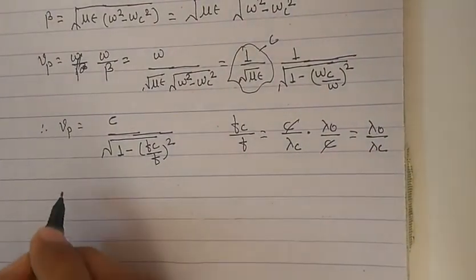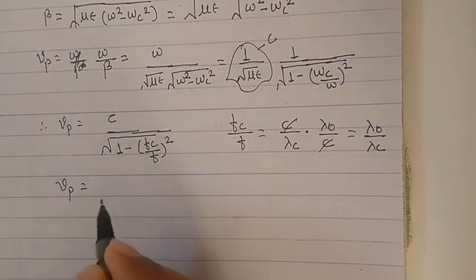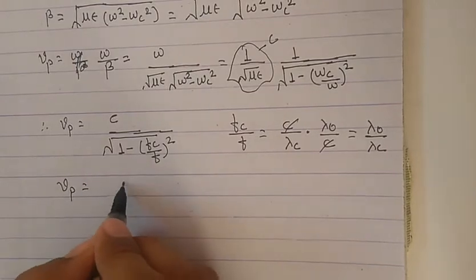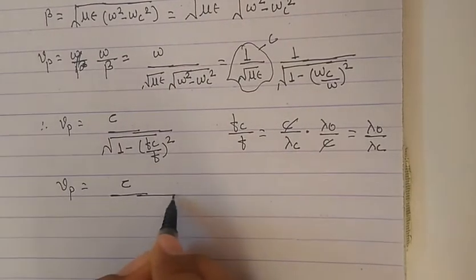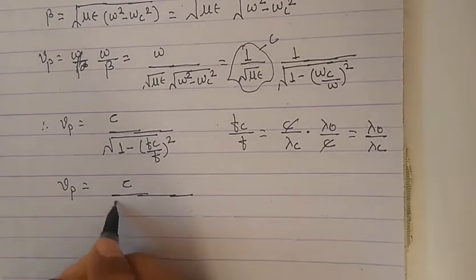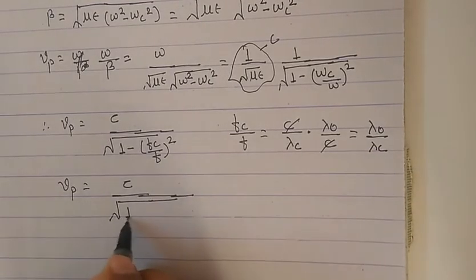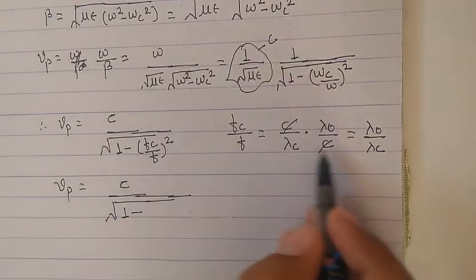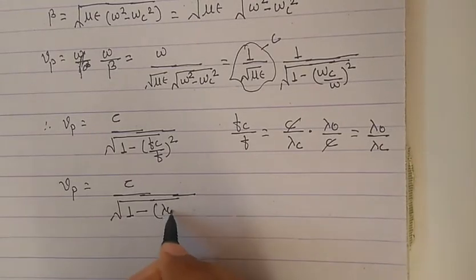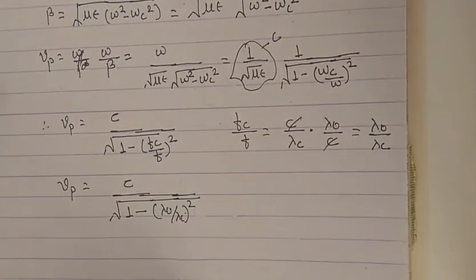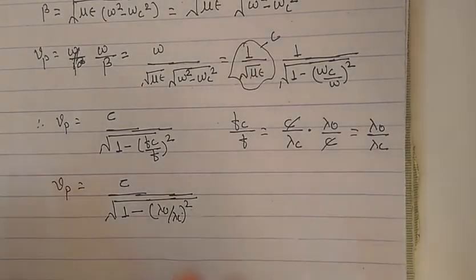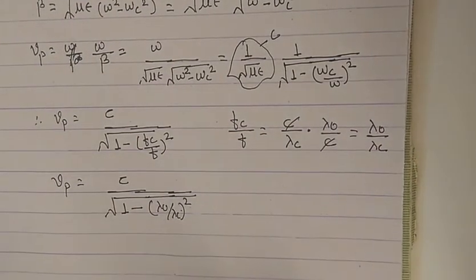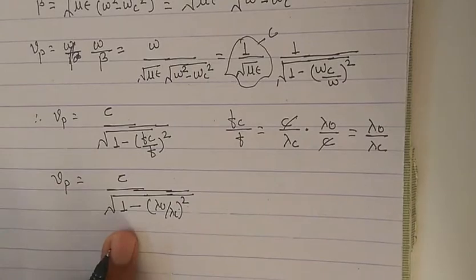Therefore, finally, Vp is equal to c over under root of 1 minus fc by f, which is lambda 0 by lambda c. So this is the expression for phase velocity.